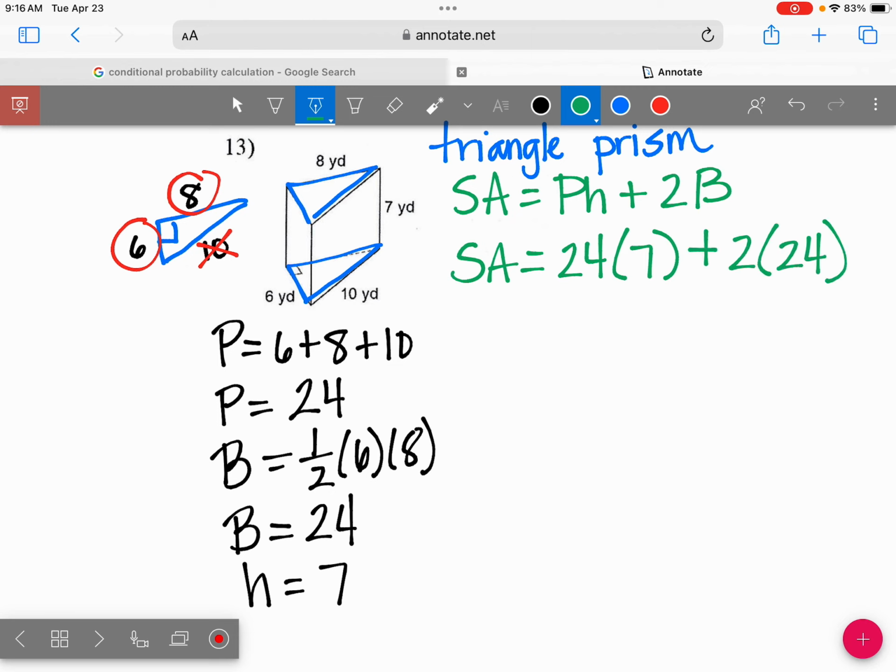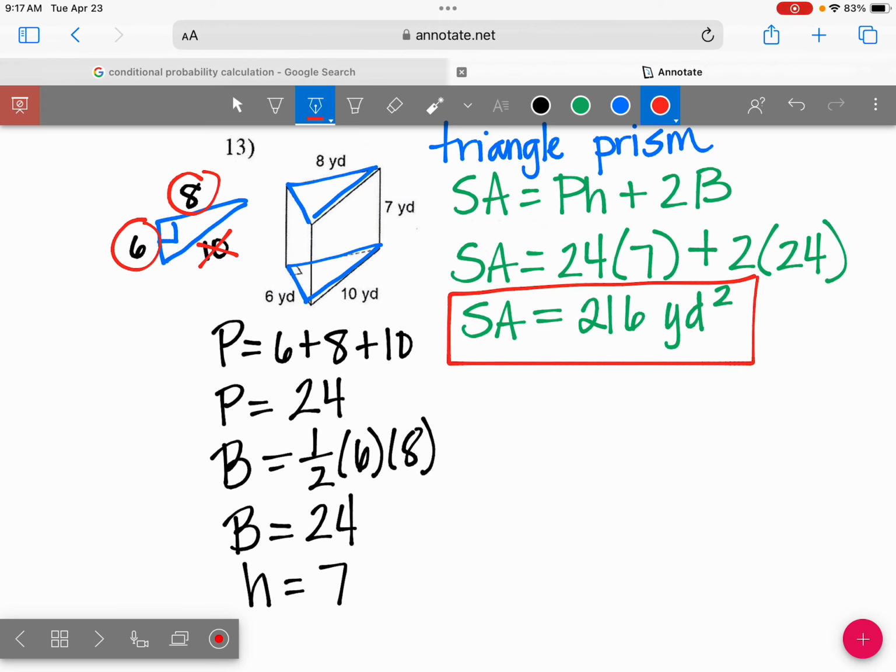So type that in your calculator. That's your surface area. Anyone else get that answer?